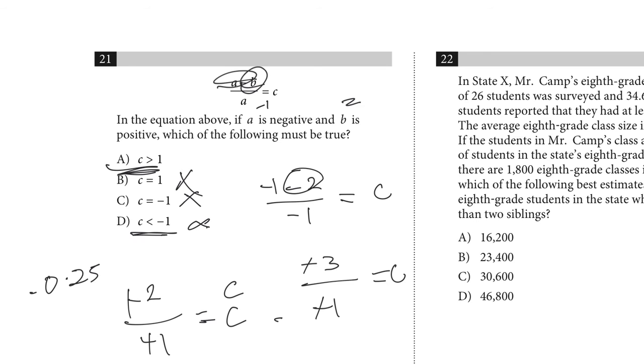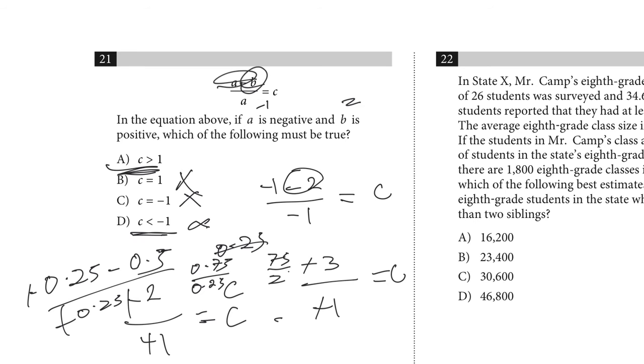A is negative 0.25 and B is positive, so 0.5 minus 0.5, so we'll have just negative 0.75 by, negatives cancel, and by 0.25, 75 by 25, 3. Okay, so yeah, this is going to be the case.